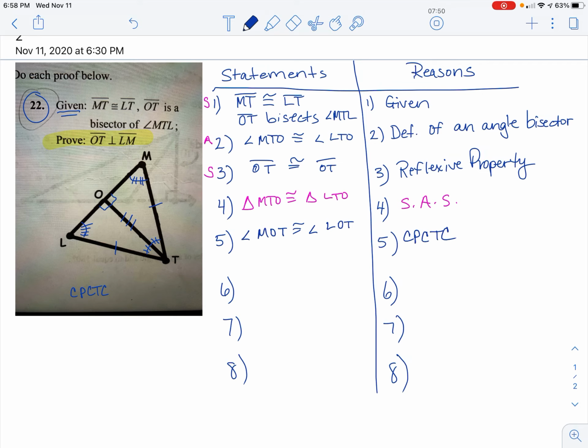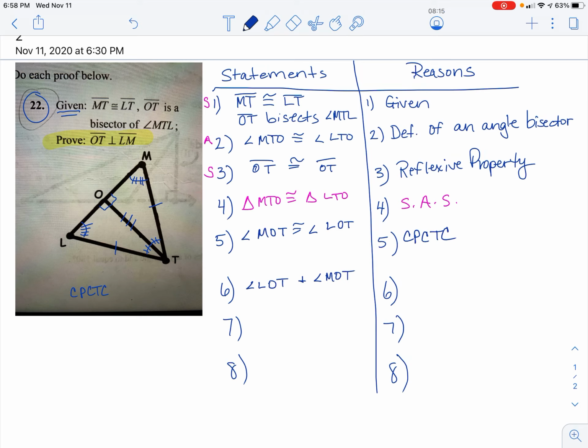I had to take a look at what I was trying to draw out earlier. Now let's look at angle LOT and angle MOT, which is what I just listed above. I didn't flip those around for any specific reason. I just noticed that I wrote them in the opposite order, but that's not a big deal.